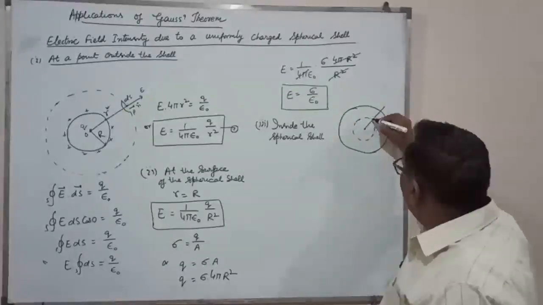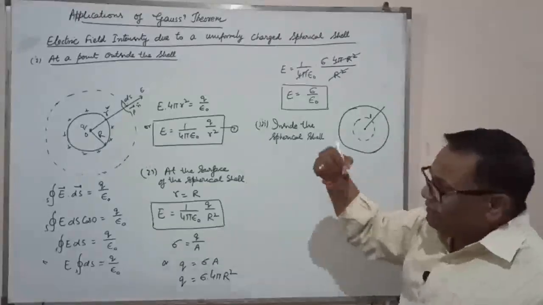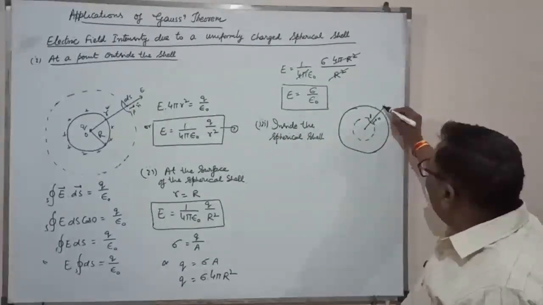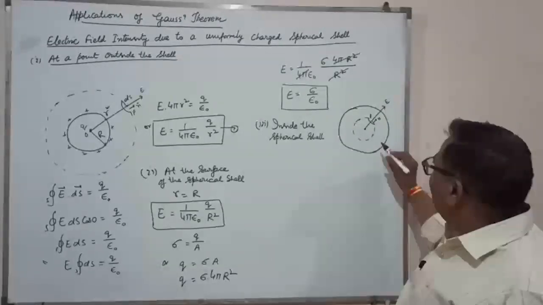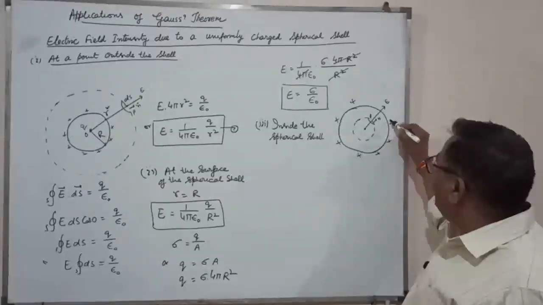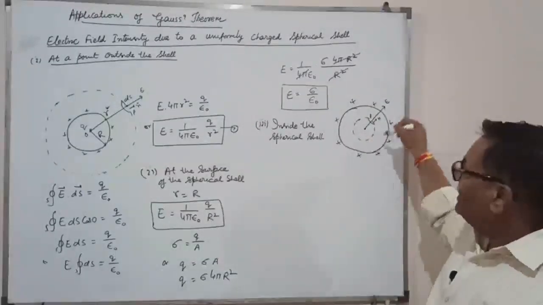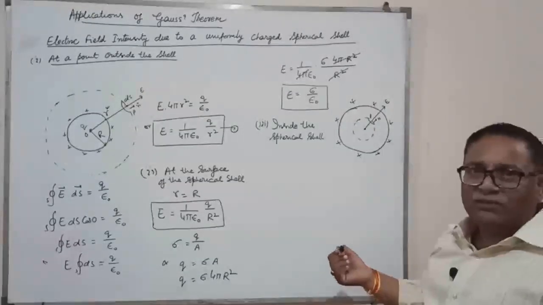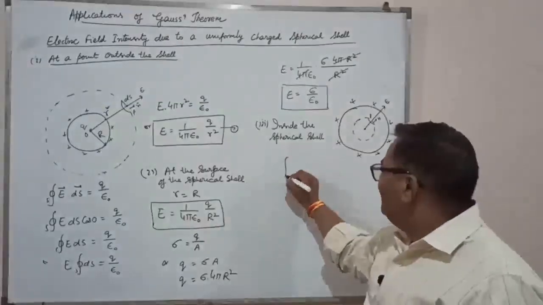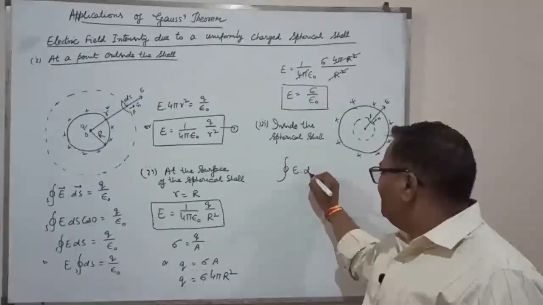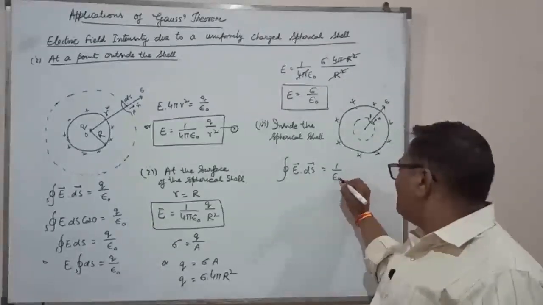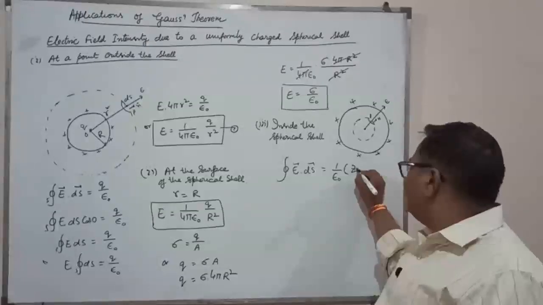This is point P. Then the LHS is the same, E ds n cap, but the charge lies on the outer surface of the spherical shell. Therefore, the charge enclosed by the Gaussian surface is equal to 0. Therefore, the expression is written as E dot ds is equal to 1 upon epsilon naught times charge 0.